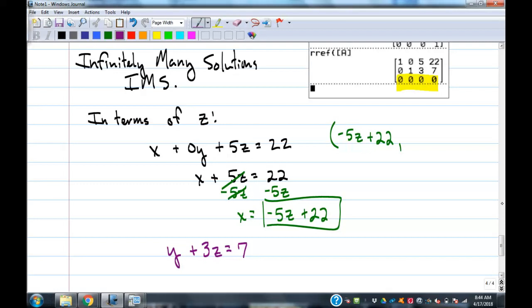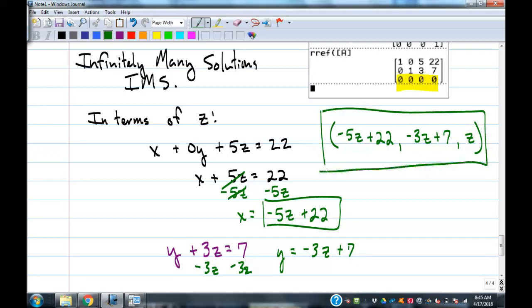Y. Okay, so real simple subtraction. Y is equal to -3Z plus 7. What do we put in the Z place? Z. And there's our answers in terms of z.